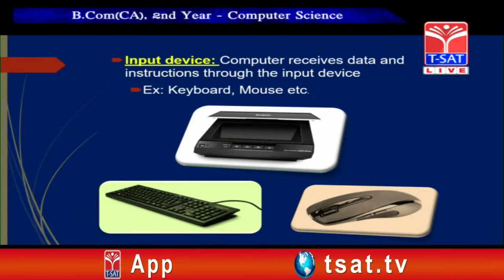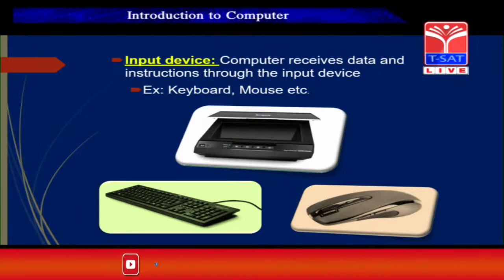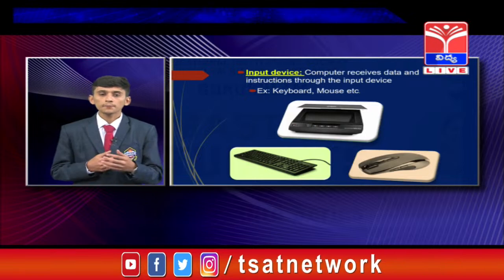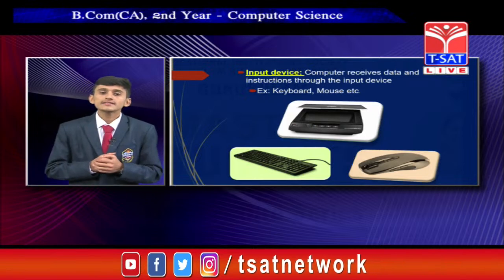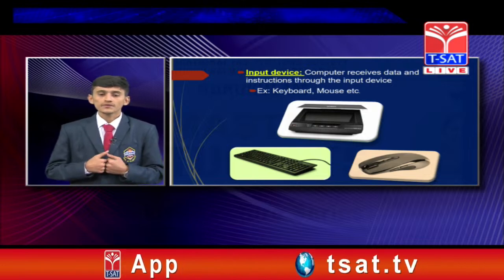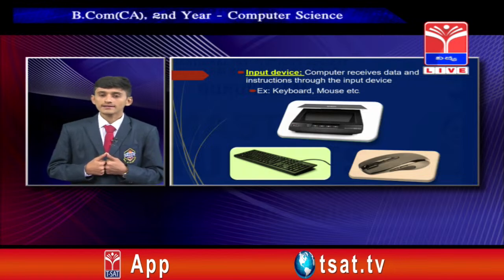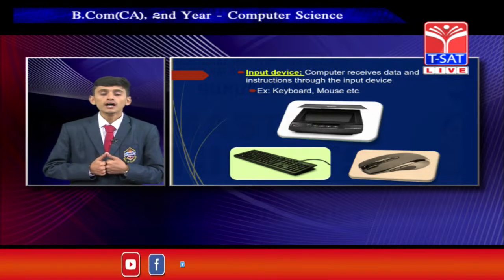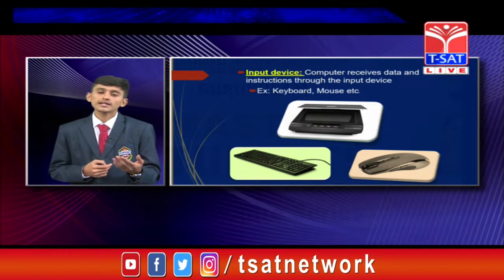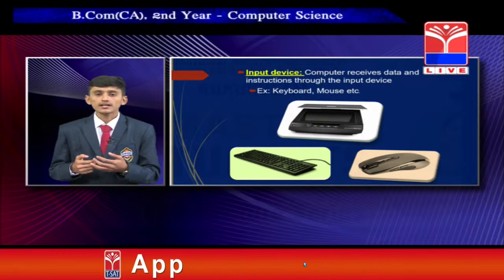Input unit means, friends, the process of entering data, raw facts, or passing input to a computer is commonly known as the input unit. The best examples of input devices are keyboard, mouse, etc. You can look here, keyboard, mouse and scanner are the best examples of input devices. For example, a scanner is useful to scan any of our documents.